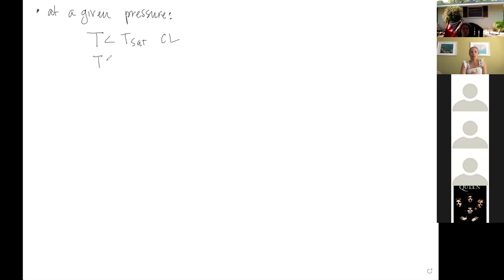If your temperature is equal or about equal to your saturation temperature, you have a saturated mixture, or a saturated liquid vapor. And if your temperature is higher than your saturation temperature, then you have a superheated vapor.